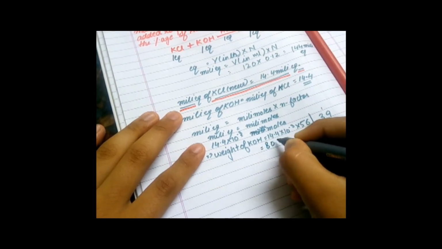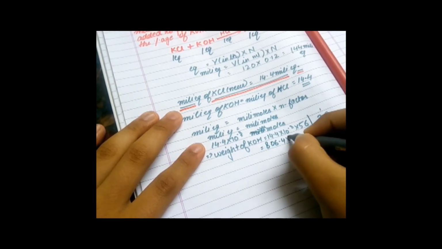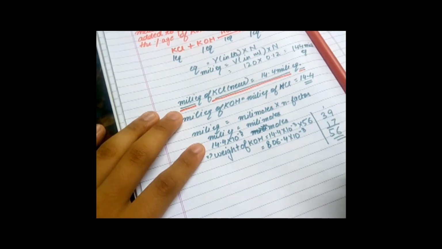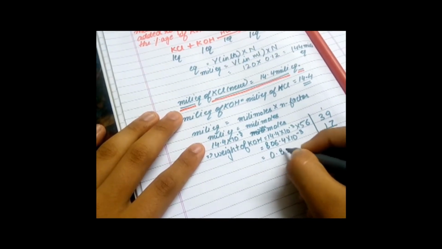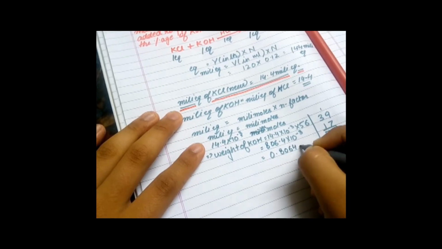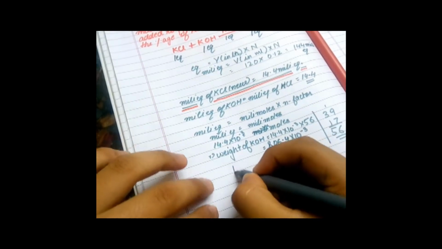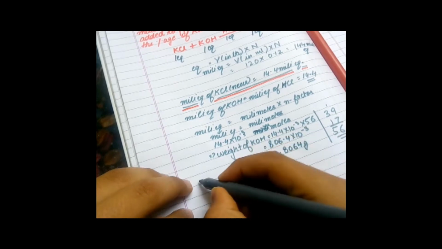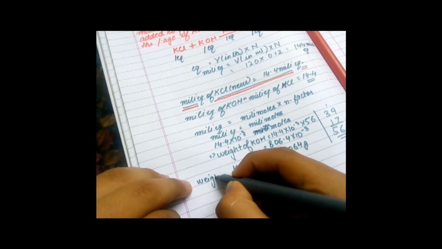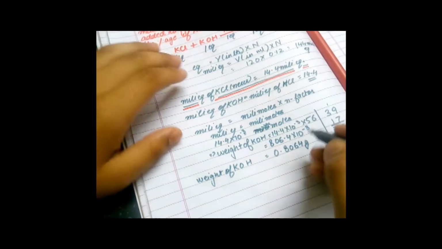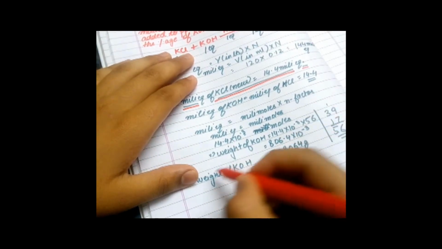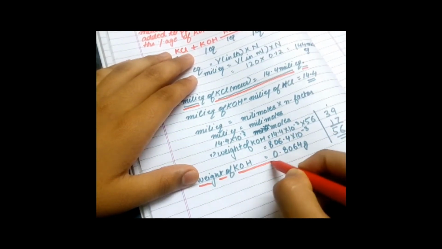So it will be 806.4 into 10 raised to the power minus 3. So it will come 0.8064 grams of KOH in the solution, and here comes the answer to our first question.